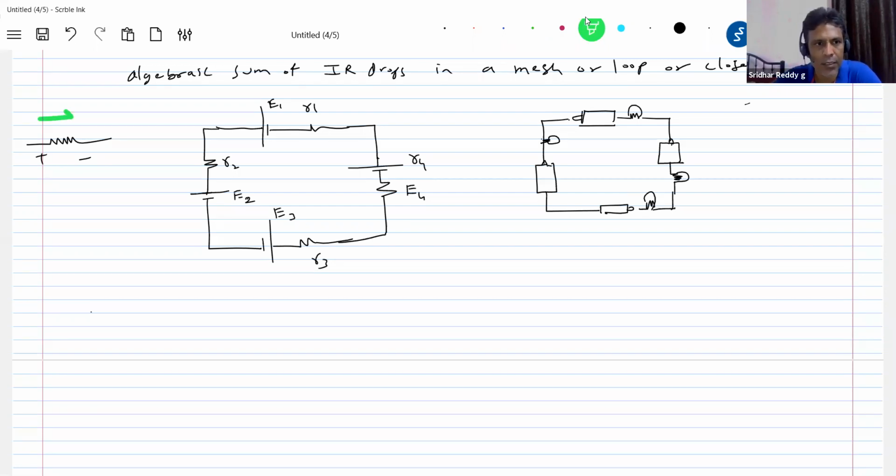So what does that green color arrow indicate? The direction of traverse. And the resistance is R. I'm moving from the positive to the negative terminal. So this is called a fall in drop, and you should write it as minus IR.